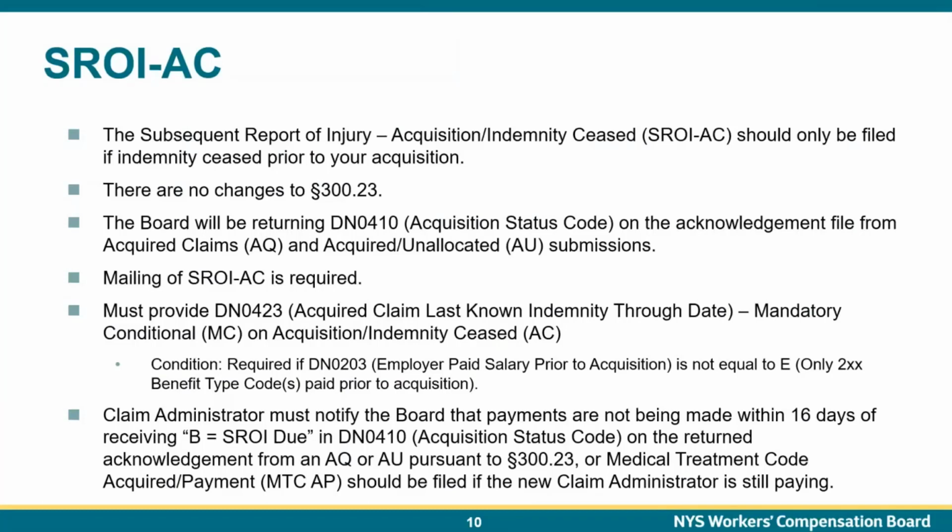That acquisition status code, I'm going to jump down to the last bullet just to go over that one first. That the claim administrator must notify the board that payments are not being made within 16 days of receiving. B Schroy due in that acquisition status code on the returned acknowledgement file. So what that means is we're actually looking at the transactions previously filed by that last claim administrator.